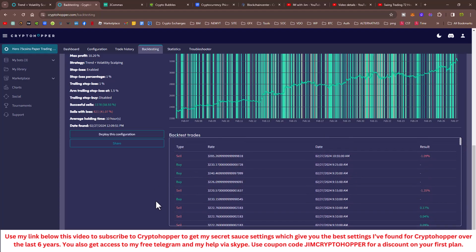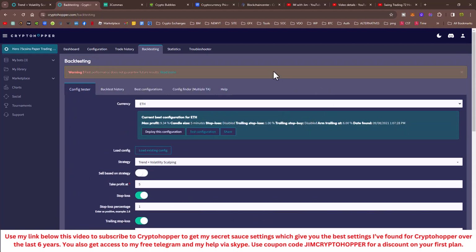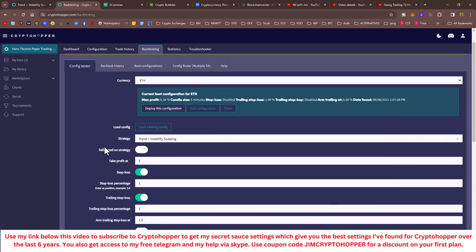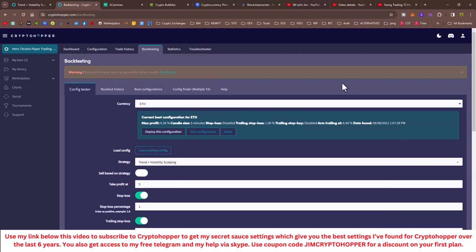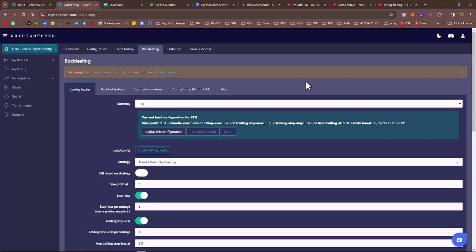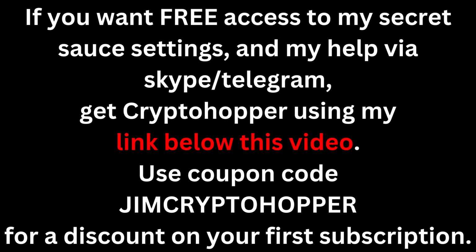Well, that is basically it, guys. That's how you find a strategy and backtest it. Remember what I said, any strategy can be really good depending on how bullish the market is, and any strategy can be really bad depending on how bearish the market is. There is no perfect strategy that I've found. The best I've found is my secret sauce settings, averaging 1.05% per day.